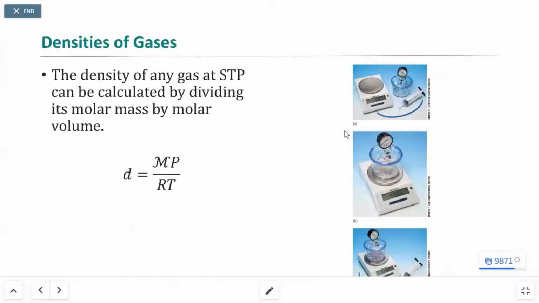Let's talk about another application of the ideal gas law. In this situation, we can talk about using the ideal gas law and standard temperature and pressure to figure out the density of a gas.